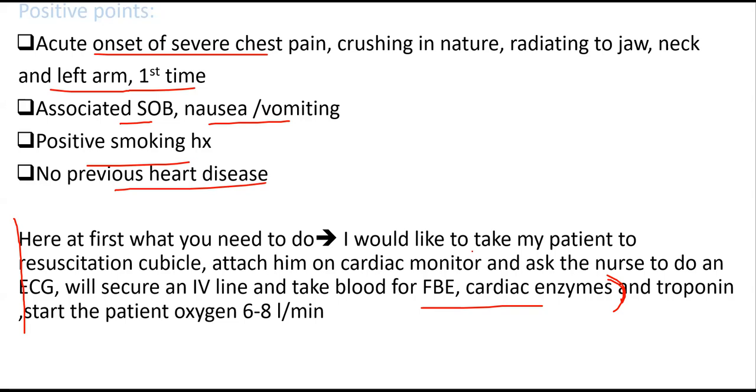Okay? The problem is that when you give the aspirin first, if the patient asks why you are giving me aspirin, that's the time you become very confused, because then you have to say you have got a heart attack and you haven't taken any history yet from the patient. So that becomes a little bit tricky for the candidate at that time.